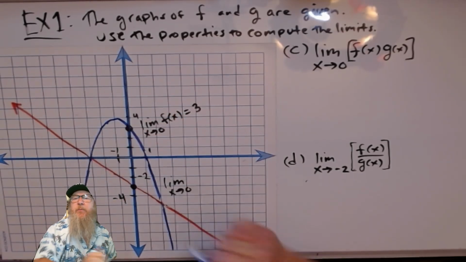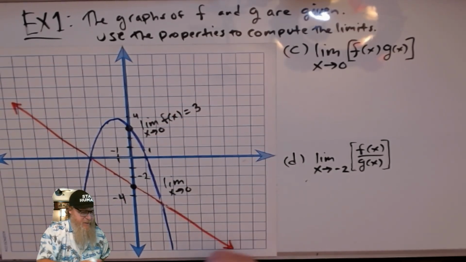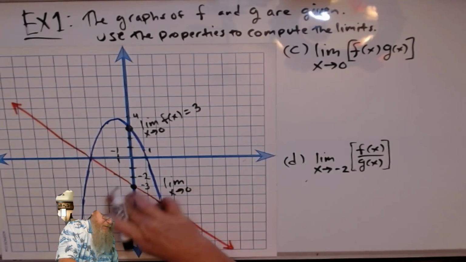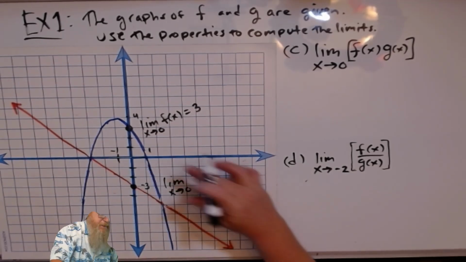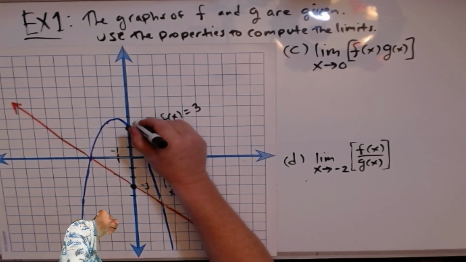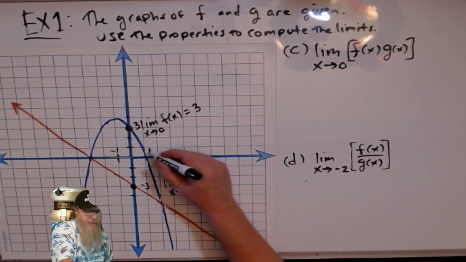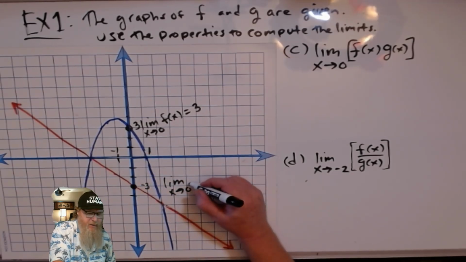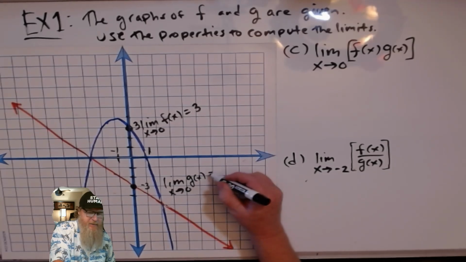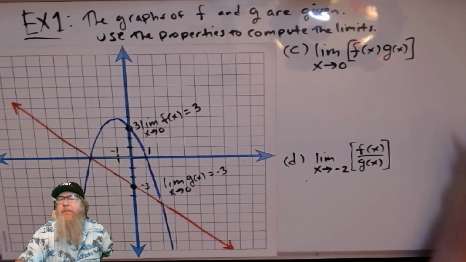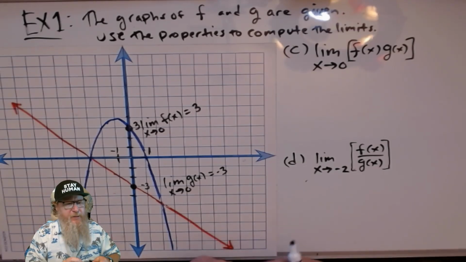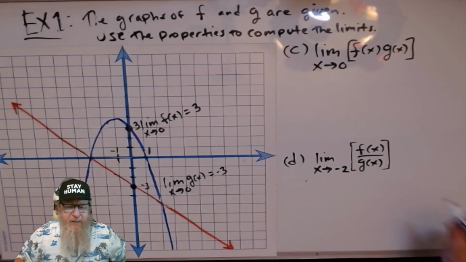So these are the 2 points I'm concerned with. That looks like -3. There's +3. I'm just keeping the 1s on there for a scale measure. So for g of x, it's -3. You could probably just jump right to the answer. It's going to be 3 times -3, which is -9.